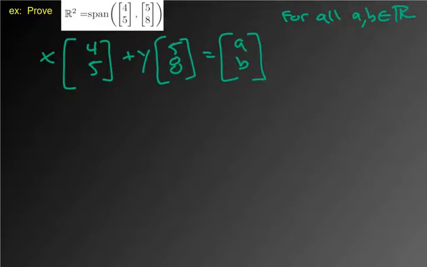I can get any vector I possibly want. If I can make any 2D vector from some combination of this, then these two form a spanning set for R2, is the idea.